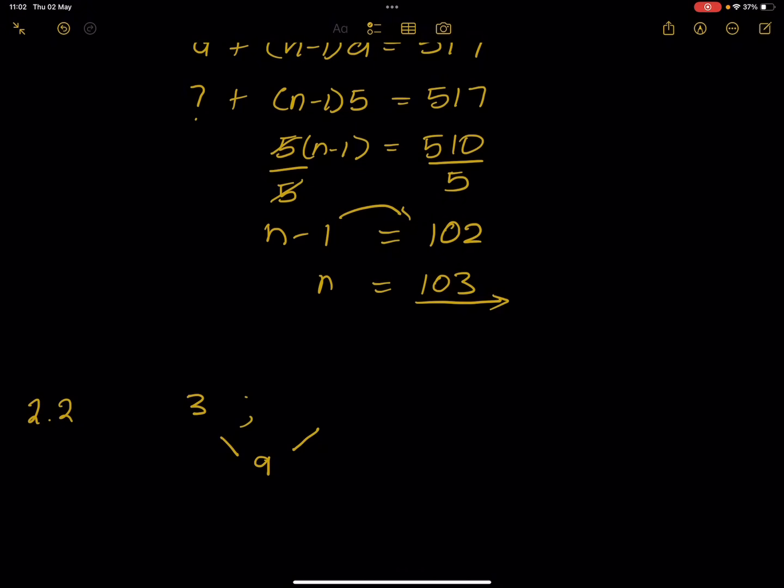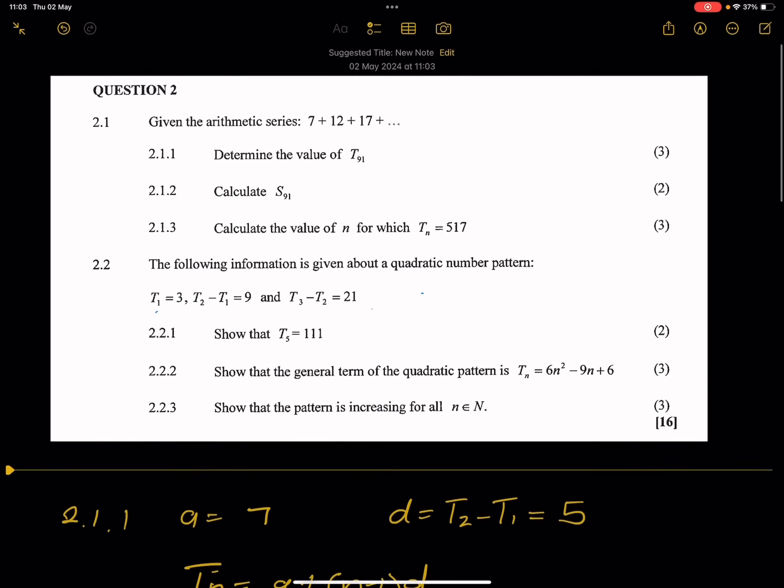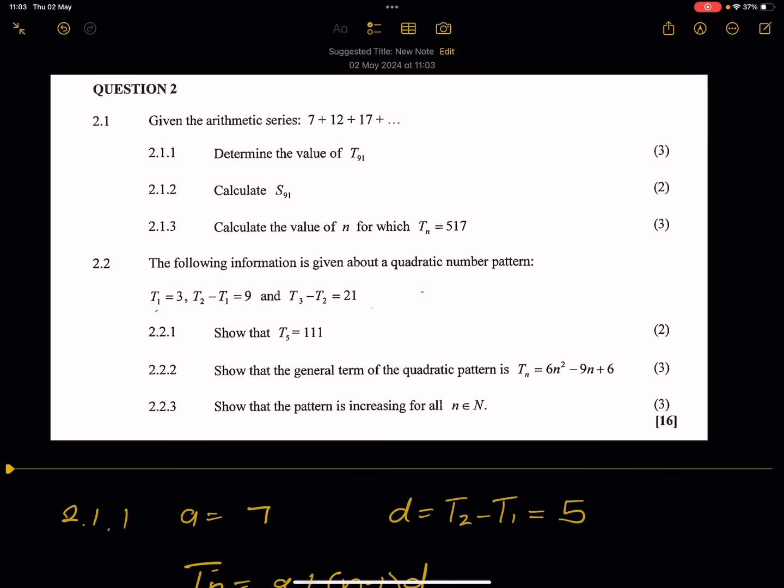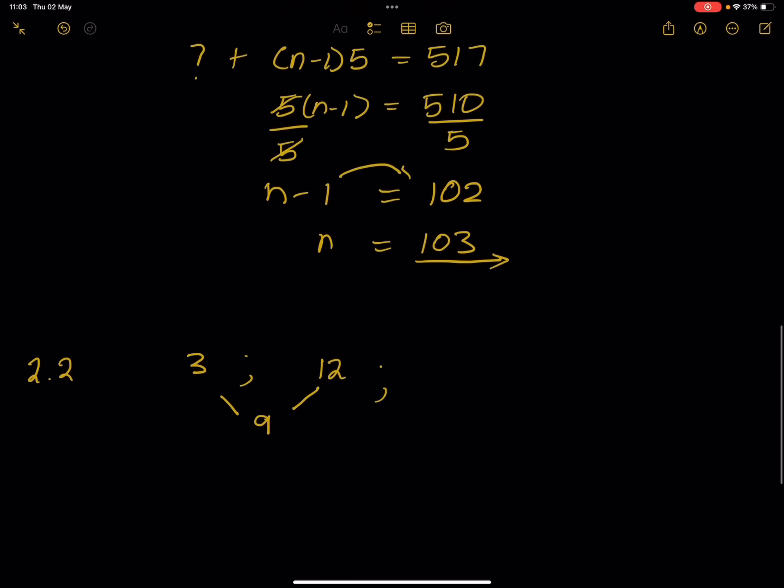We can find the next term of the sequence. 3 plus 9 gives us 12, which means the next term of the sequence is 12. Then term 3 minus term 2, again they're giving us the first difference, is equal to 21.